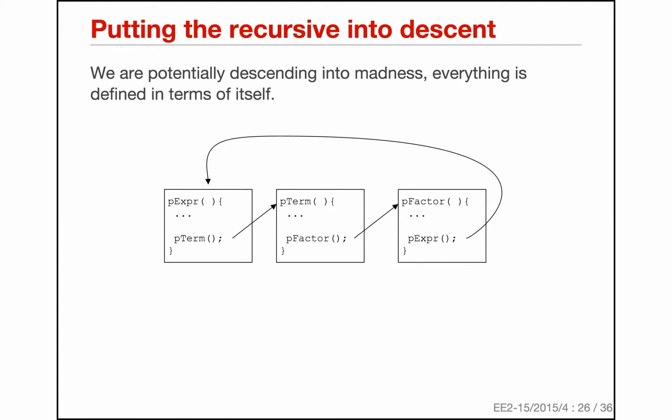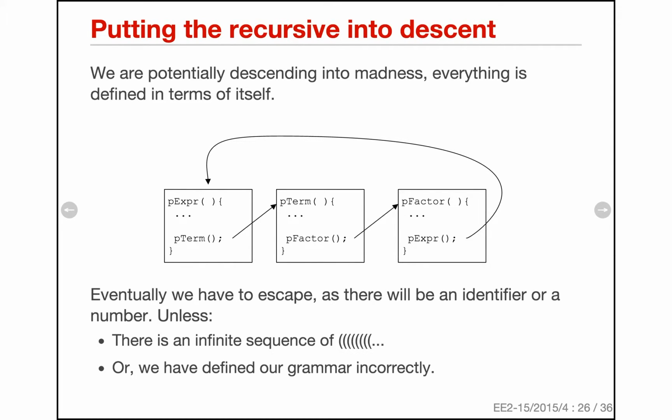But this one's now correct, and so we won't keep recursing because eventually there's a base case. Eventually we hit brackets in here and we have to stop. So the only thing that can cause an infinite sequence now is an infinite sequence of open brackets, or if we just define our grammar incorrectly, which I think is now correct.